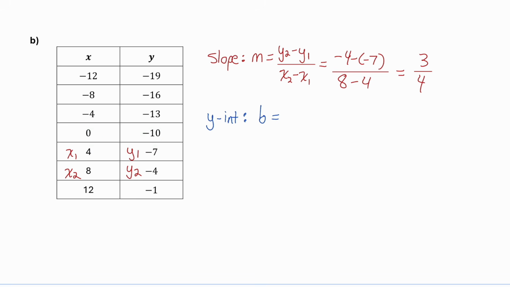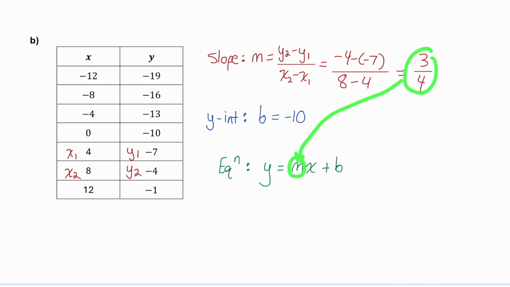Well, when x is 0, y is -10, so my b value is -10, which means the equation of my line in y equals mx plus b format, taking my m value, subbing it in for m, taking my b value, subbing it in for b, gives me y equals 3/4 x minus 10.